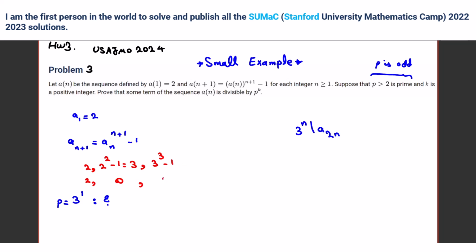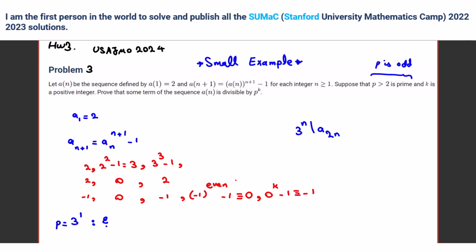Next we get negative 1 to the power of even minus 1, which is 0 again. Next one is 0 to the power of k minus 1, which is negative 1. So it would be negative 1, 0, negative 1, 0 alternately.